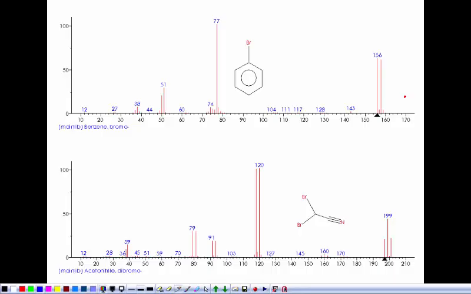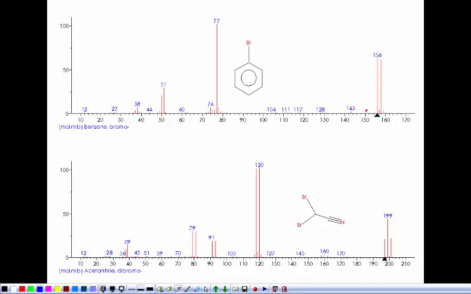Somebody asked on Tuesday, well, what are these little tiny peaks that are next to the two big ones? Those are the carbon-13 M+1s off of those bromines. So each one has a peak 1 mass unit away that's due to the carbon-13 isotopes. Because that 156, the peak next to it is at 158.